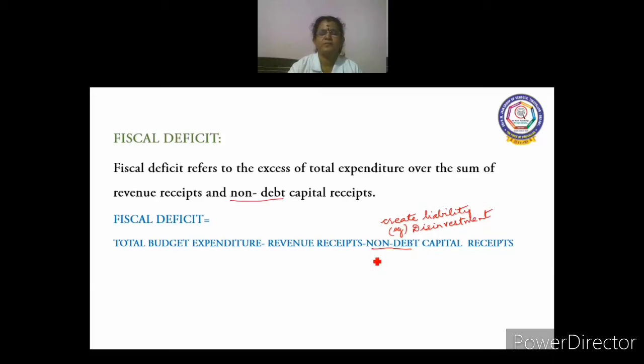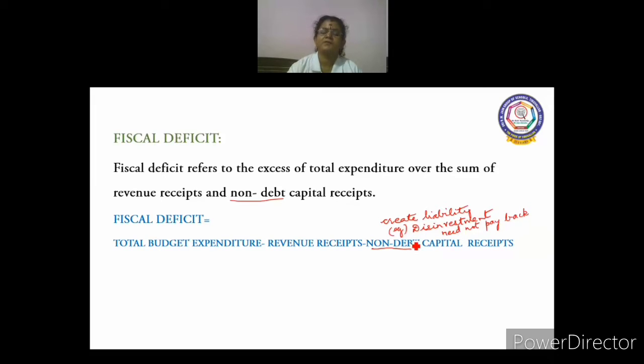Now, non-debt, it means it does not create liability, it's not a debt. As it is not a debt, the government need not pay back. At the same time, if it is a borrowing, the government has to repay.